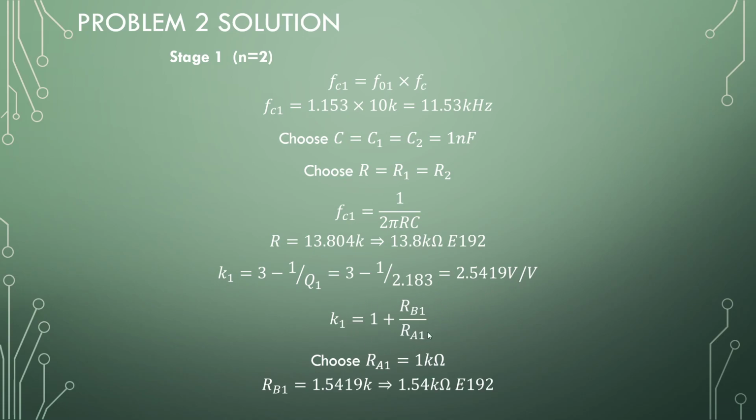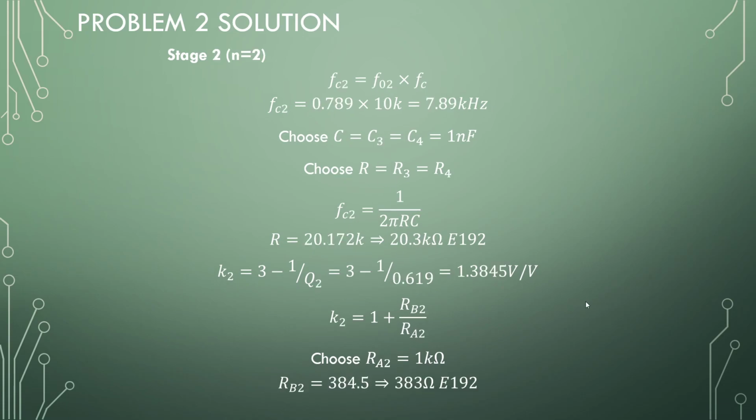Using our RB and RA values, we can build this gain. So choosing RA as 1 kilo ohm, RB would just be 1.5419 kilo ohms. So just subtract 1 from this. And the closest E192 is 1.54 kilo ohms. That is the design of the first stage.